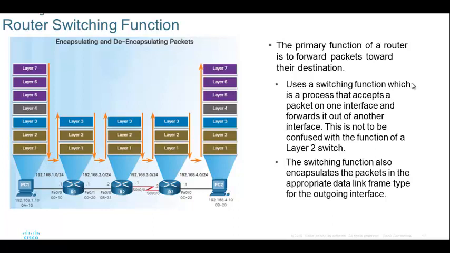Excellent, a beautiful picture. A nice picture you see here. The PCs are creating the packet using the OSI 7 layers. And the packets move from the PC to the first router, router 1.